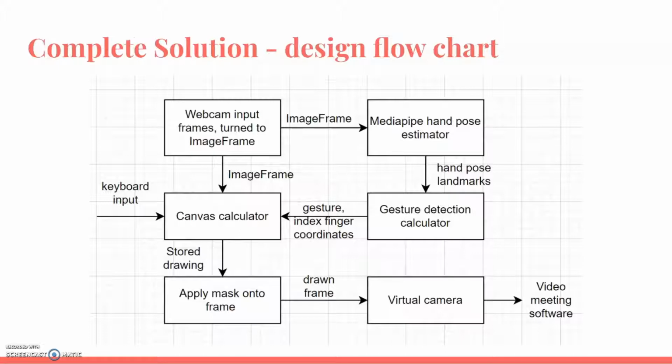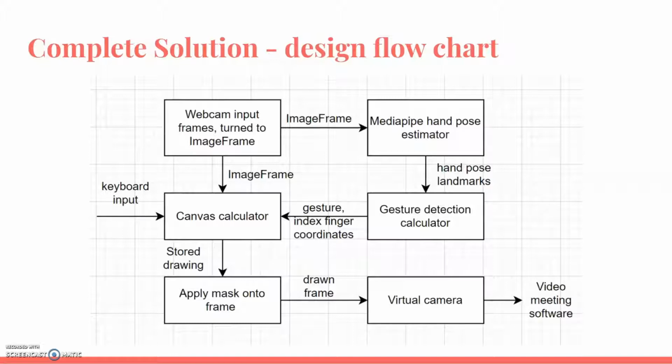So we designed Whiteboard Pal. You can see a basic flowchart here. To start, we get input from the laptop's webcam frame and turn them into image frames, which are passed into the MediaPipe hand pose estimator and the canvas calculator. The hand pose estimator is able to give us hand pose landmarks, which we use in our gesture detection calculator to detect if a gesture is present or not, as well as where the index fingertip is located.